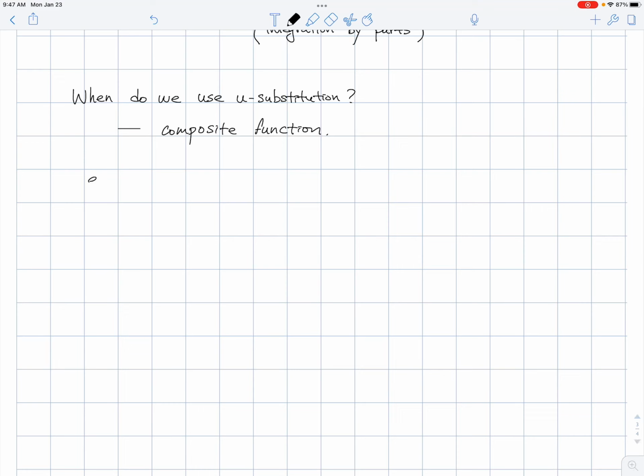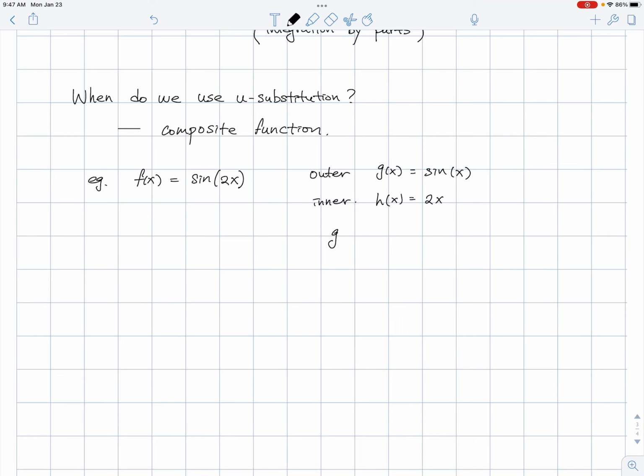For example, if I'm seeing f of x is equal to sine of 2x, is this a composite function? Yes, because the outer function is a sine function, and the inner function is 2x.